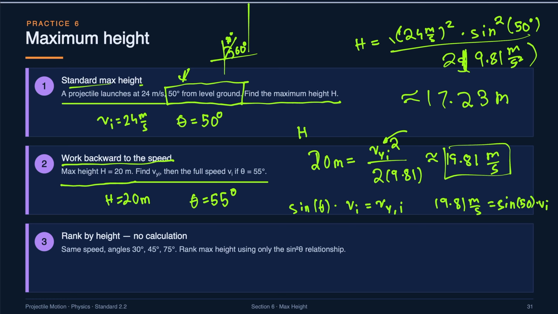Then we can divide, 55. Whoops, 55. 19.81 divided by sine of 55 degrees. So you get velocity initial is 25.86 meters per second.